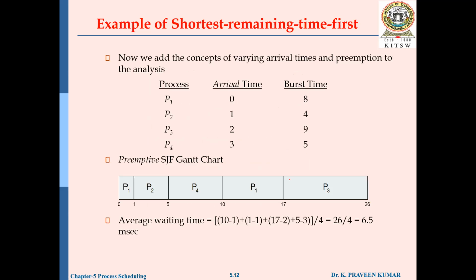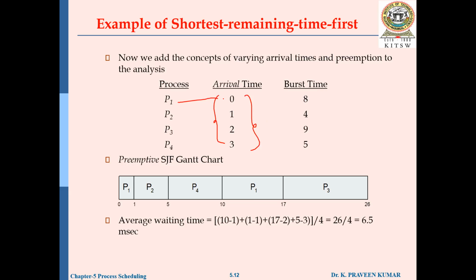When you are taking shortest remaining time first, for this preemptive version, there will be an arrival time. The arrival time tells you when the process has arrived, and it will be given to us.